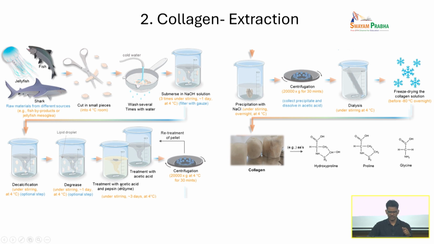Then you treat with acetic acid, pelletize with centrifugation, and then it undergoes multiple washing with salt, dialysis, and then freeze drying, and finally you get collagen. Again, treatment with acid, base, and salt is very common for any biomaterial synthesis, and that's what we see here also. The final collagen will be colorless, a very gel-like material.